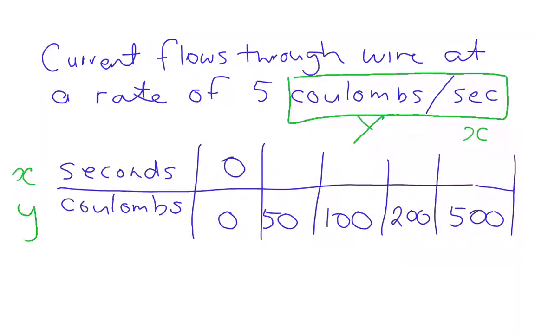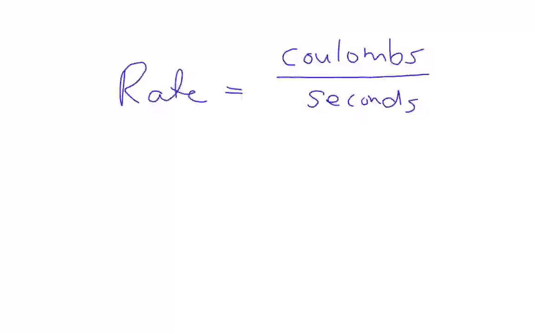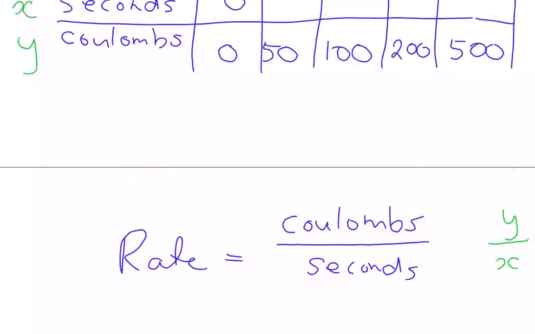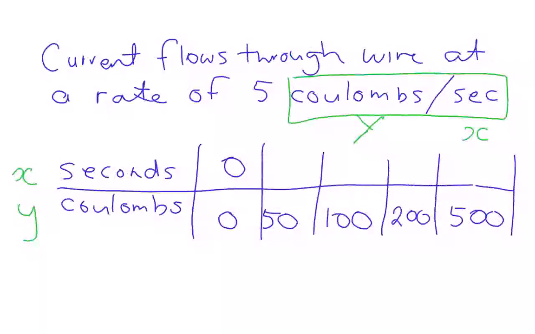Now, the key difference from the previous question is that in this question we've got all the values for y and we don't have any for x. In the previous one we had all of them for x and not for y. So, rate is the change in y divided by the change in x, and I've put in the coulombs and seconds, so coulombs is y and seconds is x.